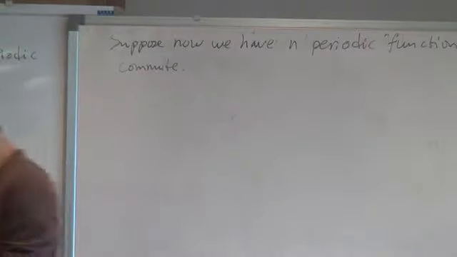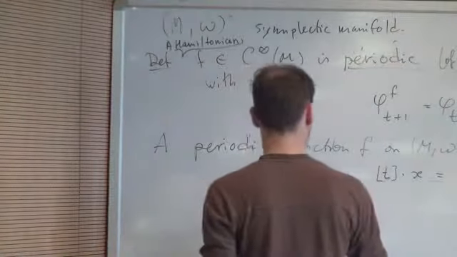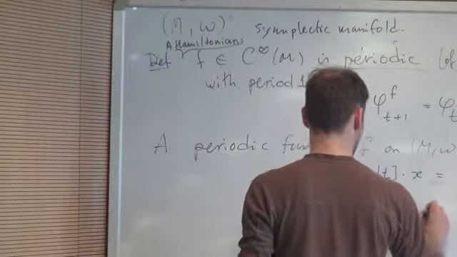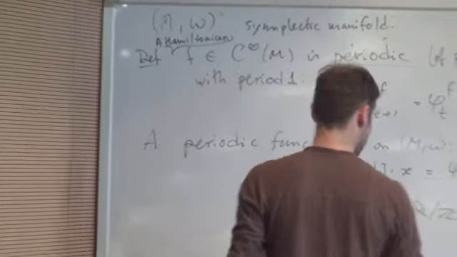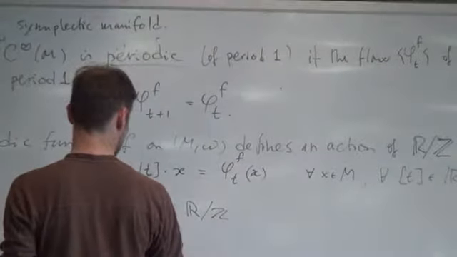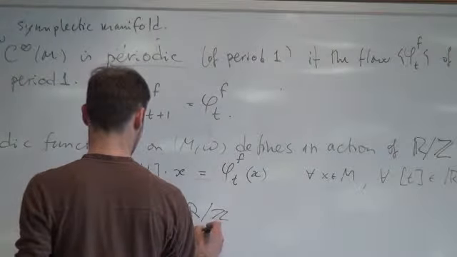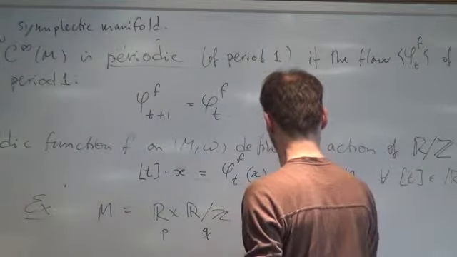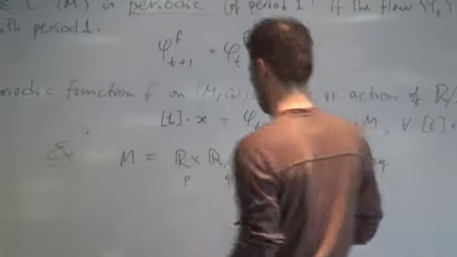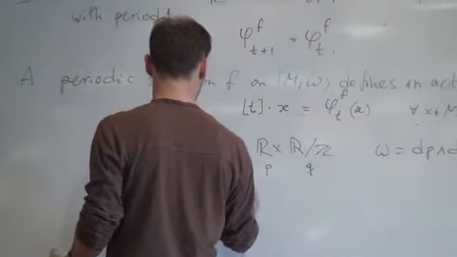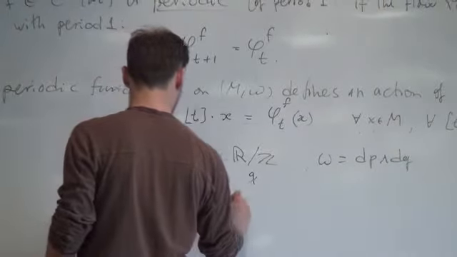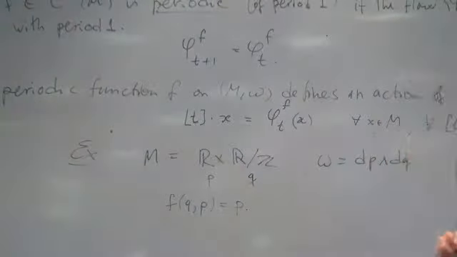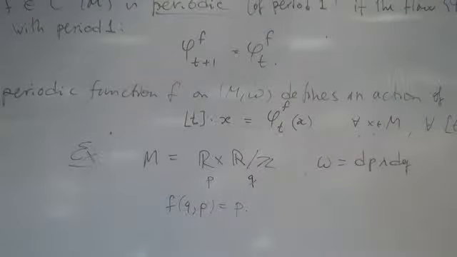Oh, one thing I'm terribly sorry for, I forgot to give you an example of a periodic function, right? So let's take M to be R cross R mod Z. Let's call this variable p. Maybe I'll call this variable q. And I can take the symplectic form dp wedge dq. And I could take f of (q, p) to be just p. Right? And let's see, what's the Hamiltonian vector field?